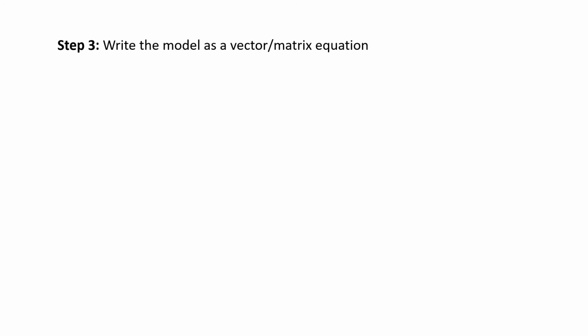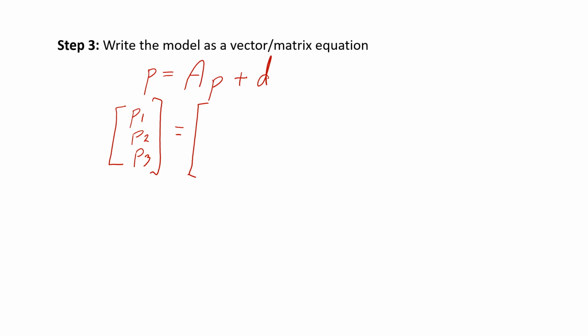Now we're on to step 3. We write the model as a vector matrix equation. And you remember when we figured out how we do this, we got that P equals AP plus D. This just gives us our consumption equations in a matrix vector form. So what do we have? We have P1, P2, P3, our production vector, is equal to our consumption matrix. Now we get this from our equations. Our first consumption equation had 0.2, 0.3, and 0.1.